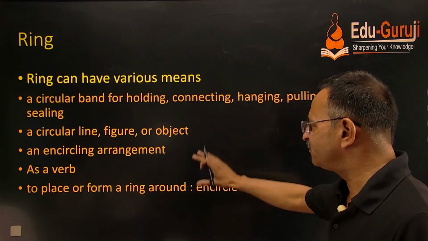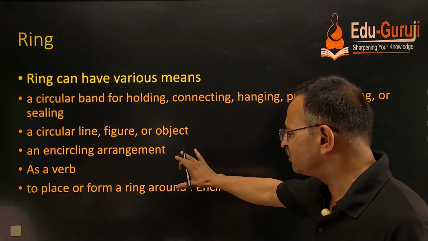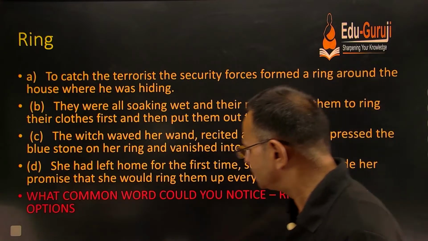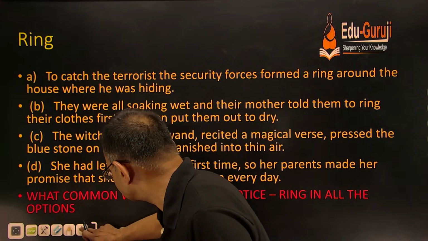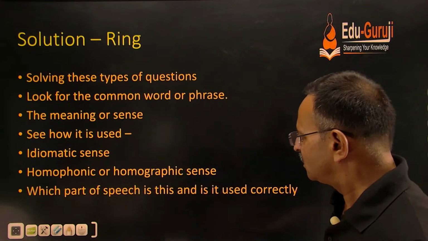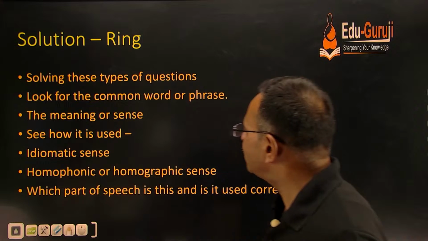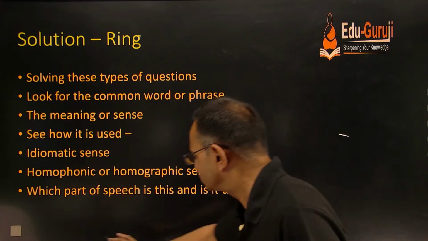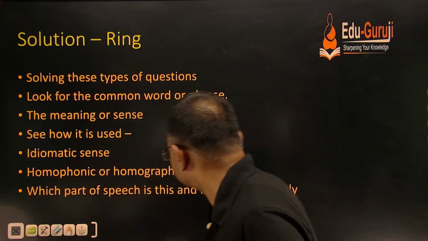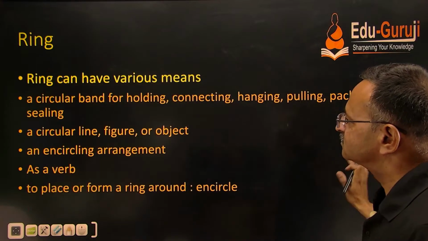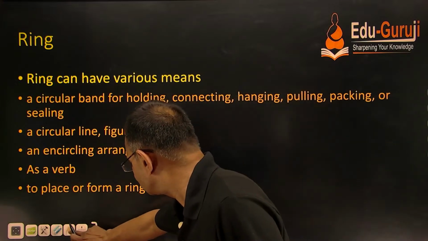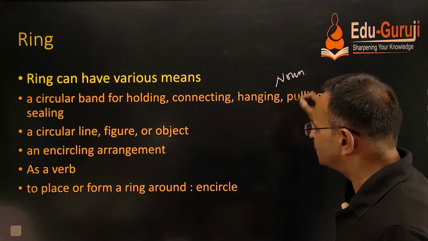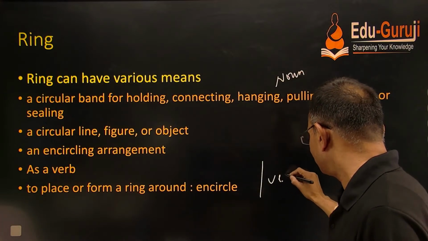A circular line, figure or object, an encircling arrangement. Above these, they have been used as nouns, and here it is being used as a verb.